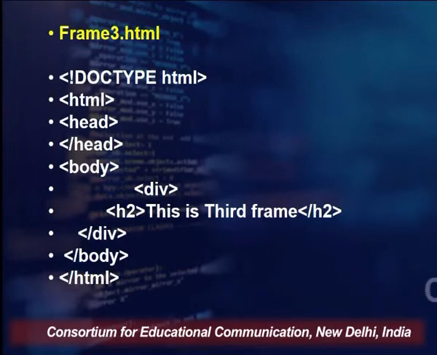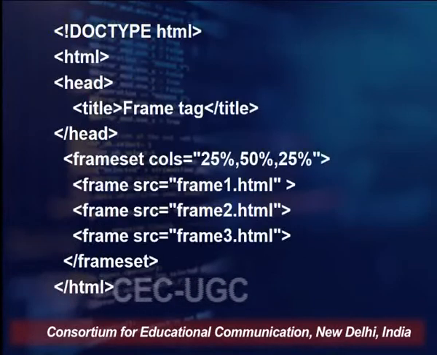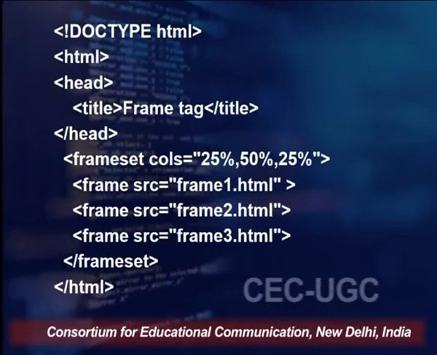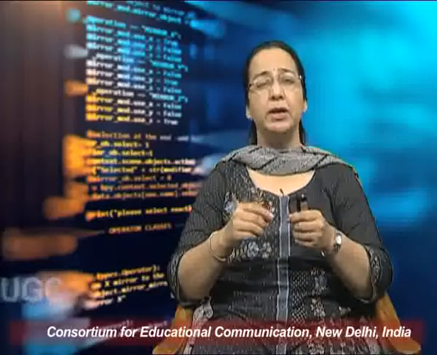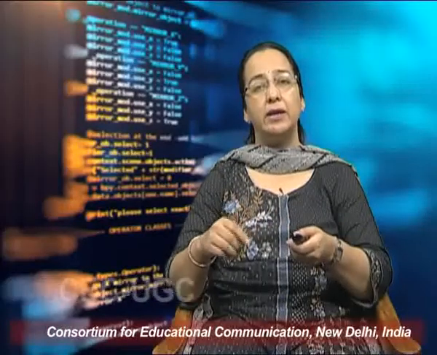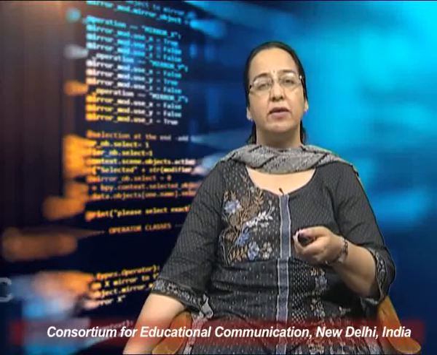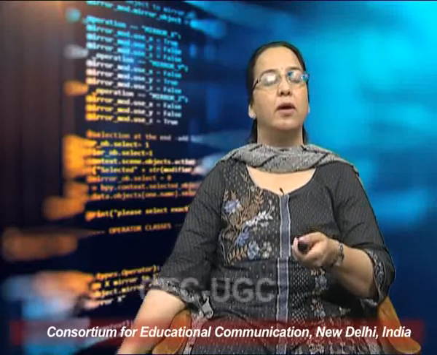For this particular example, one file is creating the divisions and populating those divisions, and the other 3 files are simple HTML files. Although this is also an HTML file, the other 3 HTML files are already created, and these created files will be displayed inside those frames.